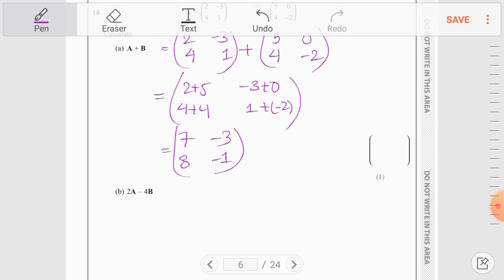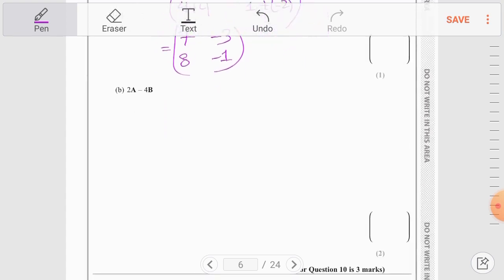Moving to part B, 2A minus 4B. The question has given us the value for A, but we need to find the value for 2A. So what we need to do is multiply A by 2. That is 2 times A, where the value for A was 2, minus 3, 4, 1, minus 4 times B, where the value for B was 5, 0, 4, minus 2.